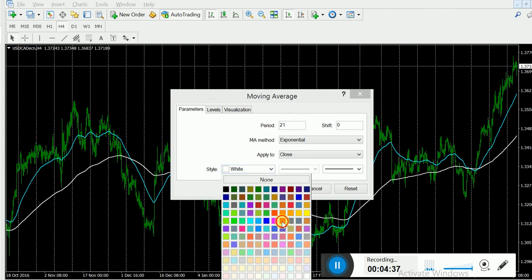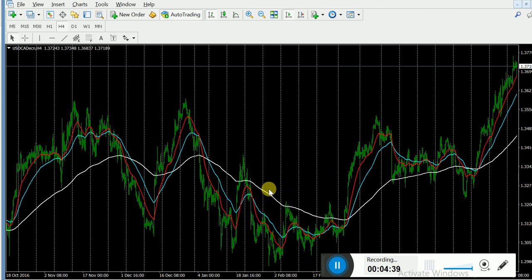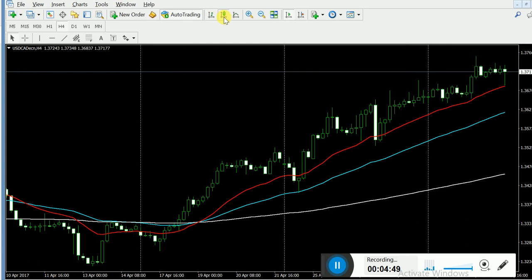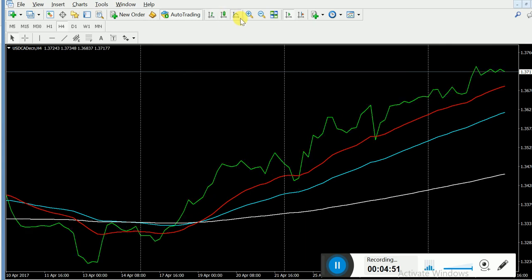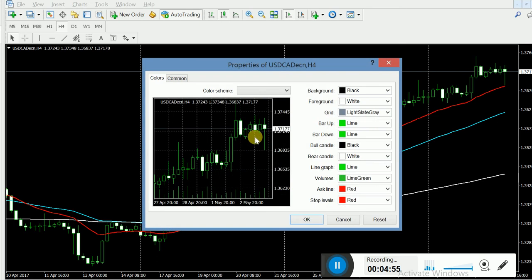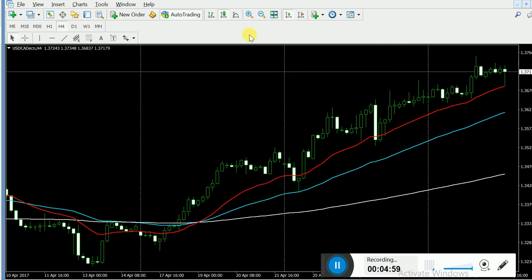Let's make that red. Okay, and up here on the top of my screen, you see where it says bar charts. These are what bar charts look like. These are what candles look like. These are what the lines look like. Now you can customize all of these colors by going in here to properties and changing them. But for now, we'll just keep it simple.